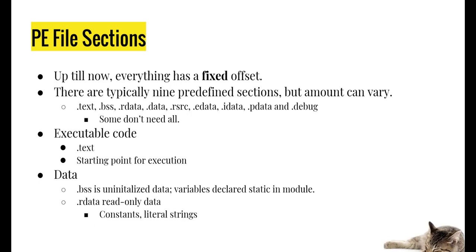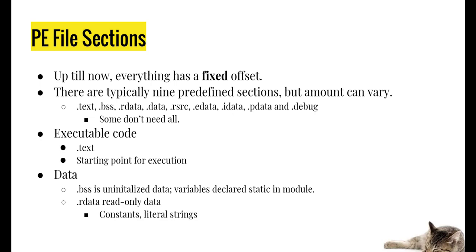So executable code, we've talked about that. Our .text section provides the starting point for execution. For data, we have a number of different things. The .bss is going to be our uninitialized data, so variables that are declared static and module.